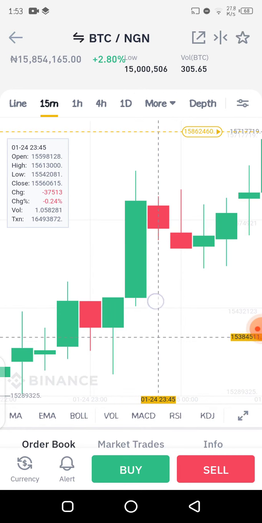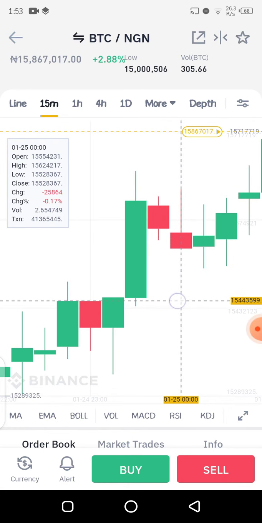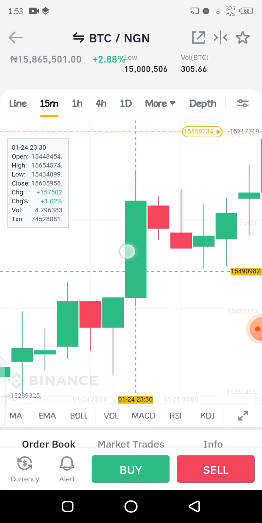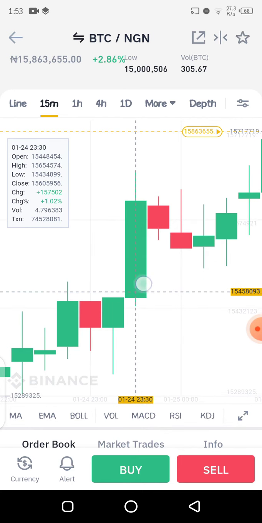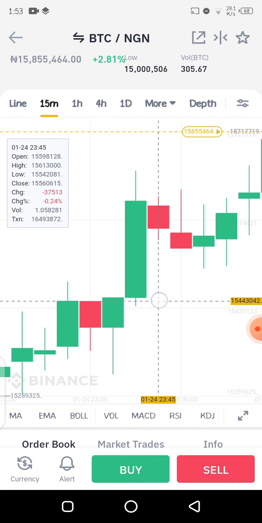So how do we know if a coin is going up or going down? It's going to be green, it's going to be red. Let's just continue. What this means is people started buying when this new 15 minutes started. They were buying, buying, buying, and it kept going up.